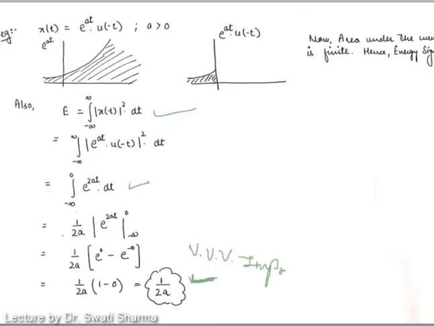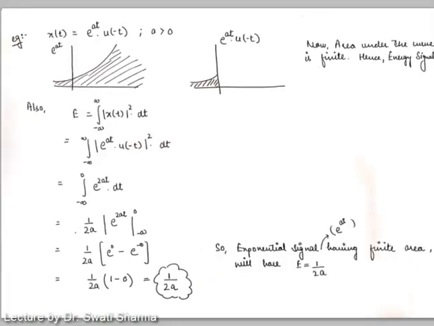All right. So next, as we have arrived at an expression of energy which is equal to 1 upon 2a, an exponential signal, which is e to the power at, and if it is having a finite area, will always have the energy equal to 1 upon 2a.